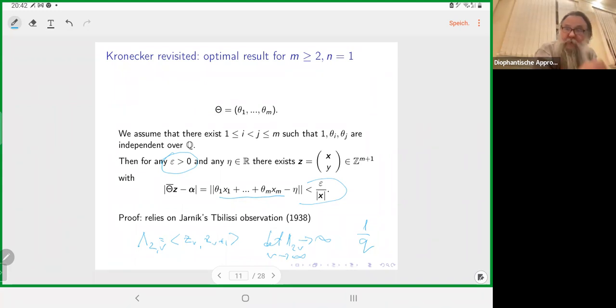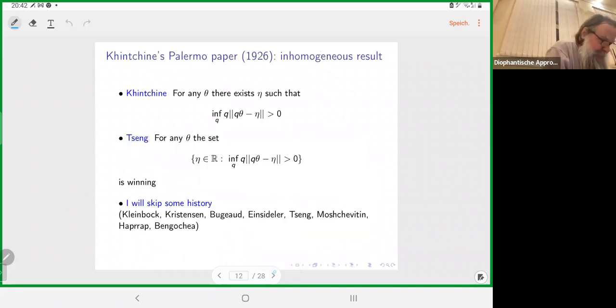However, I would like now to continue with Khintchine's paper, and I want to show some other problems related to this paper and some other connections to maybe rather modern or not so modern results.